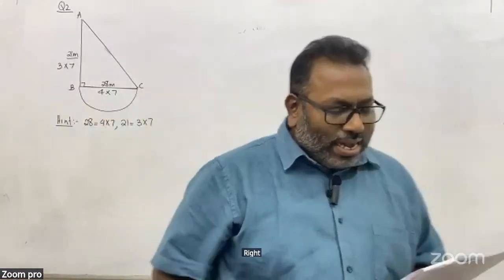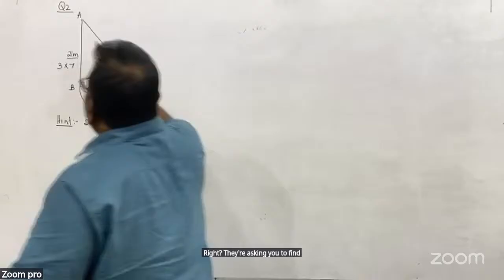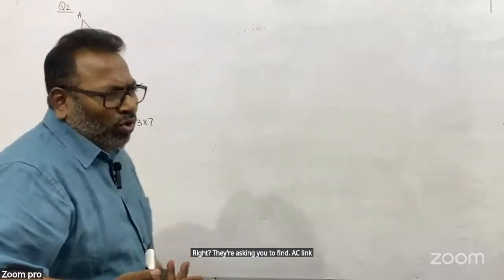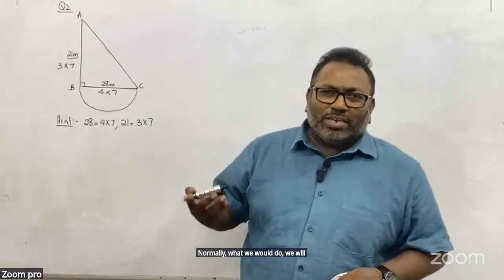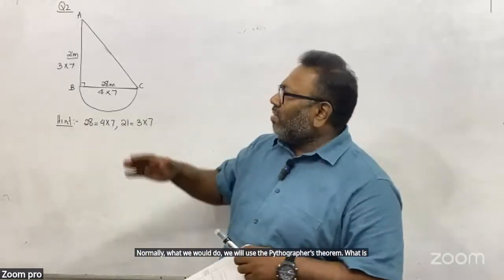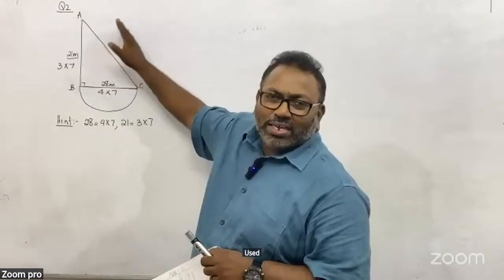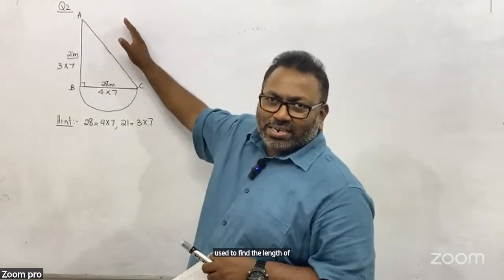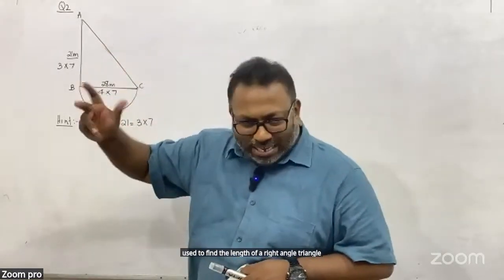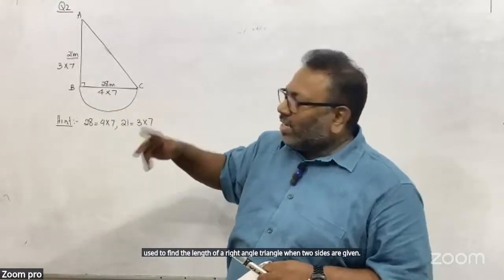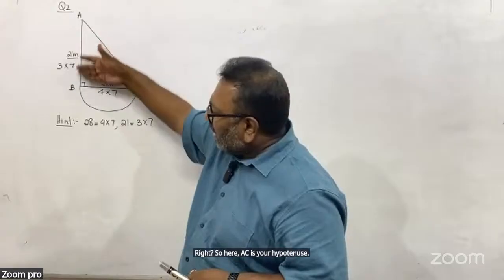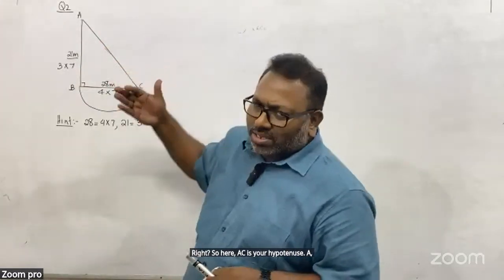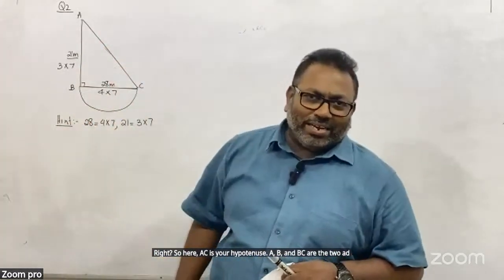They're asking you to find the AC length. Now, normally what we will do is use the Pythagoras theorem. What is the Pythagoras theorem? It is used to find the length of a right angle triangle when two sides are given. Here AC is your hypotenuse, and AB and BC are the two sides of the right angle triangle.